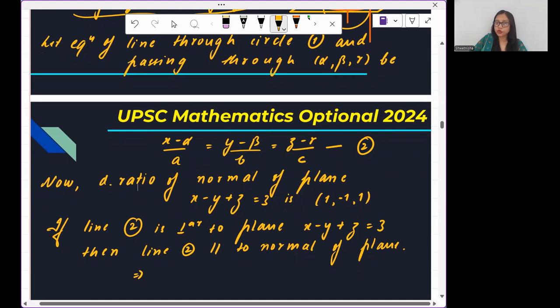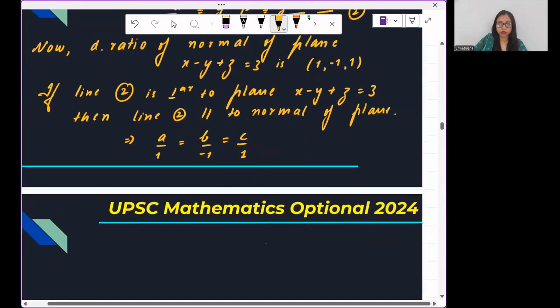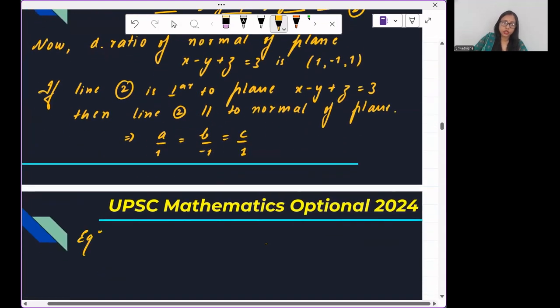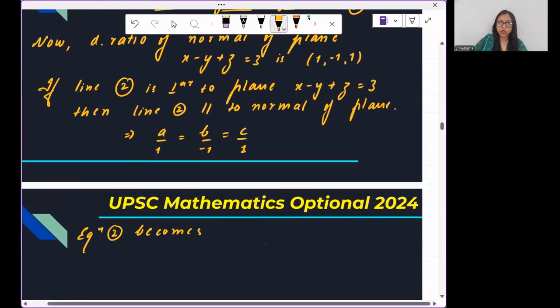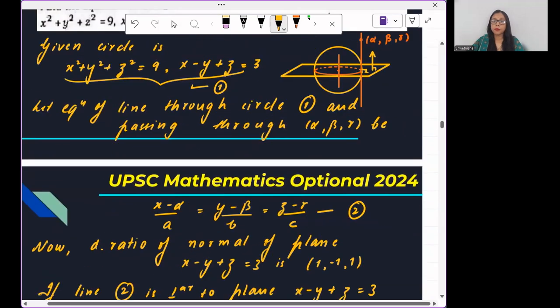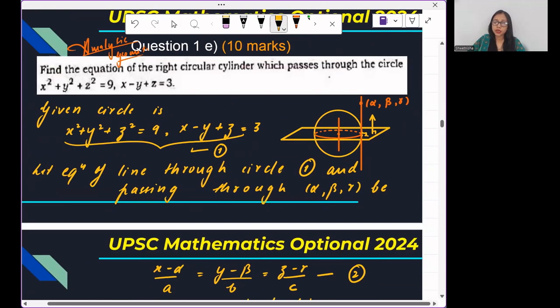The direction ratio of line 2 is A, B, C. The direction ratio of this is 1, minus 1, 1. It implies A upon 1 is equals to B upon minus 1 is equals to C upon 1. Therefore, equation 2 becomes, I can take the values of A, B, C to be 1, minus 1, 1: x minus alpha by 1 is equals to y minus beta by minus 1 is equals to z minus gamma by 1.